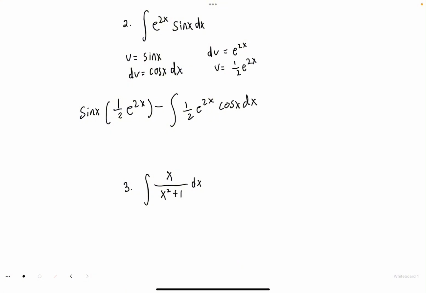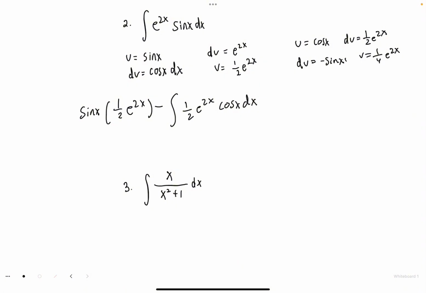And so there's another integration by parts. So you need to do cosine x for the u, and then dv is going to be 1/2 e to the 2x. du is going to be negative sine x because the derivative of cosine is negative sine. And then v is going to be 1/4 e to the 2x.